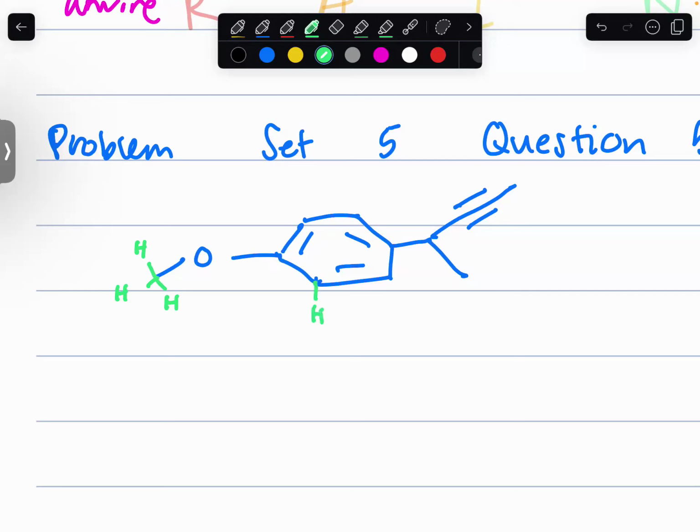Our other carbons in our ring will have 1. Here we have another methyl. This carbon only has 3 bonds, so it will have 1 as well. This carbon has 4 bonds, so it has none. Same with this one.